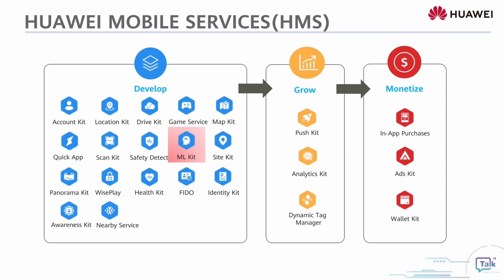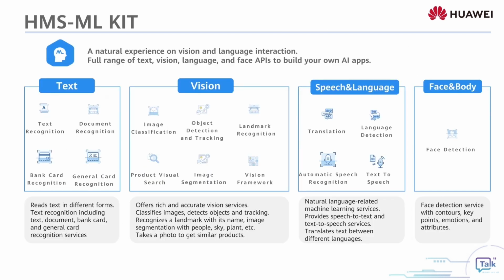After 6 months of continuous development, we have created 16 different features and services. These services are divided into the following 4 categories. ML Kit is able to read text in different forms. It offers rich and accurate visual services, translate text between different languages, and is able to detect face contours and emotions. I will introduce these functions in detail in a couple of minutes.